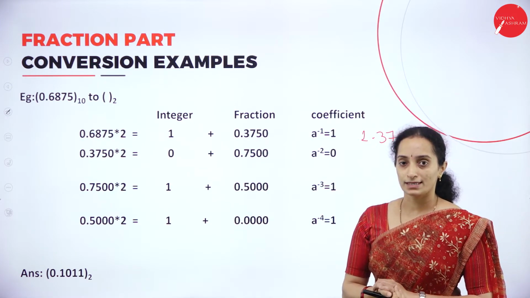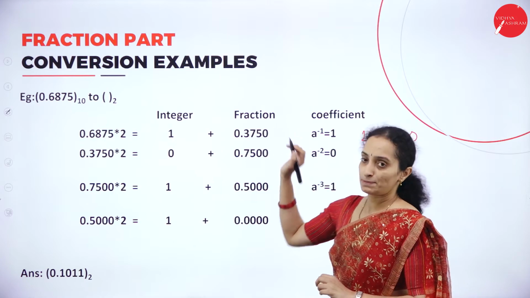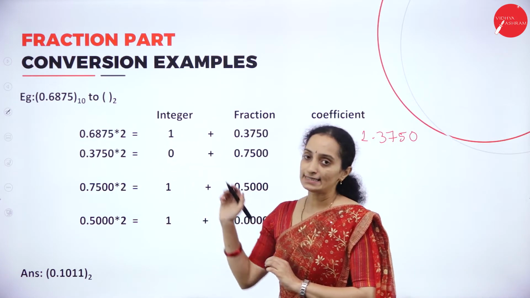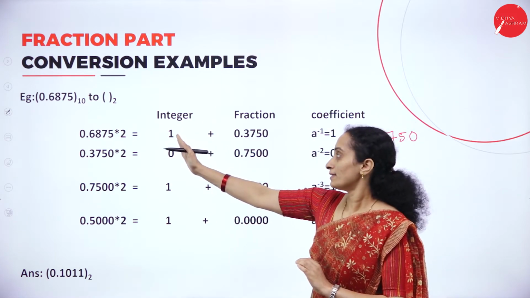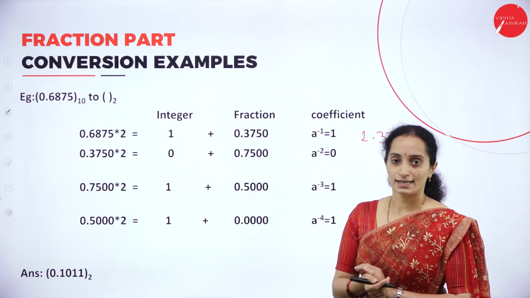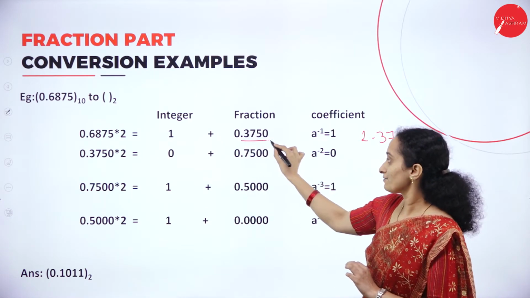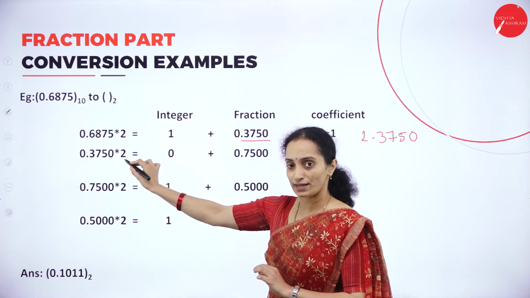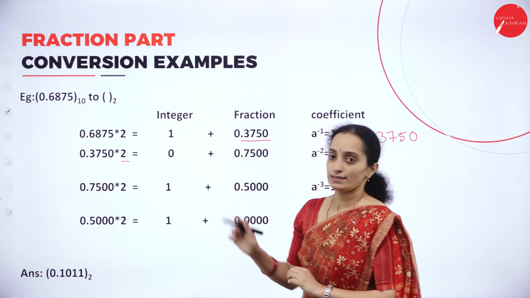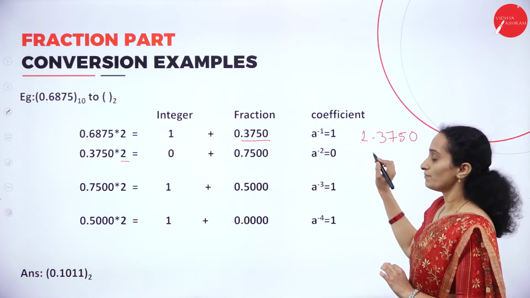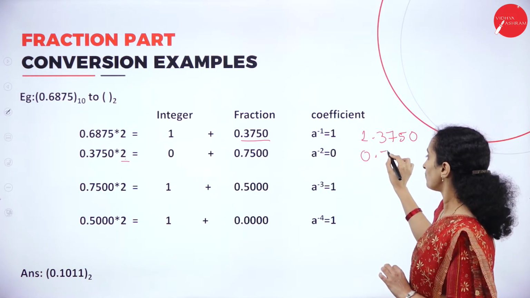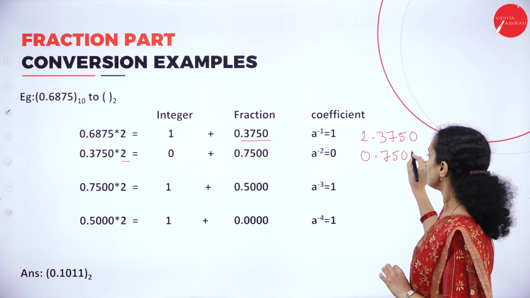The value which we obtain is 1.3750. So keep .3750 as the new fractional part, whereas the integer part will be the coefficient for representing the conversion. Next, take this fractional part and again multiply it with 2. In the second successive multiplication, the product will be 0.7500.